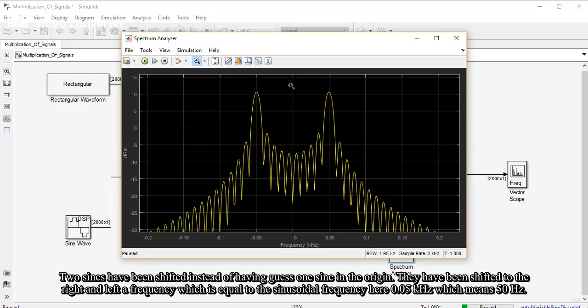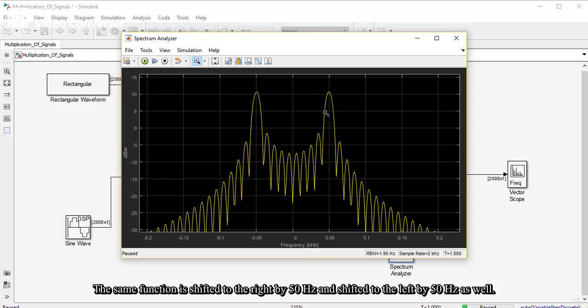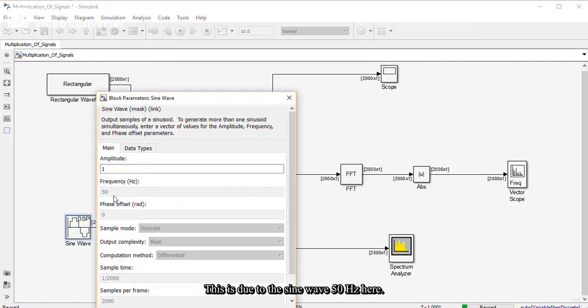Instead of having just one sinc at the origin, they have been shifted to the right and to the left with a frequency equal to the sinusoidal frequency. Here it's 0.05 kilohertz, which means 50 hertz. The sinc function is shifted to the right by 50 hertz and shifted to the left by 50 hertz as well. This is due to the sine wave of 50 hertz here.